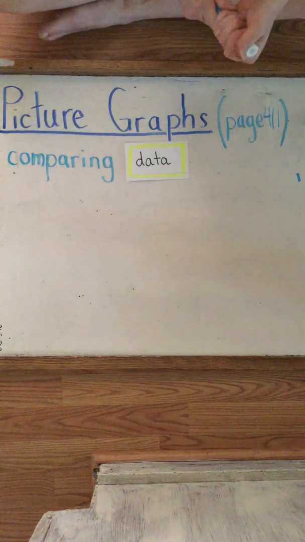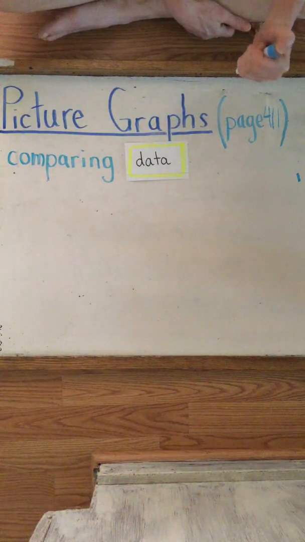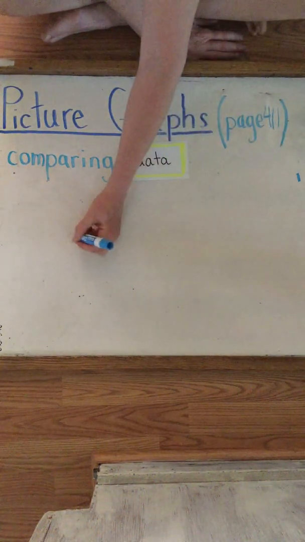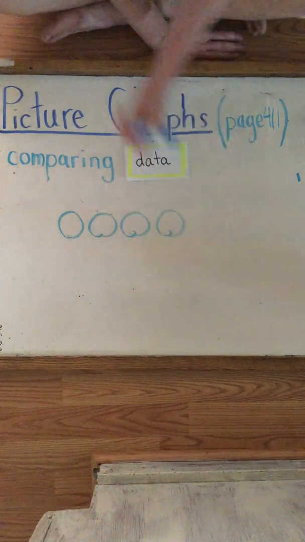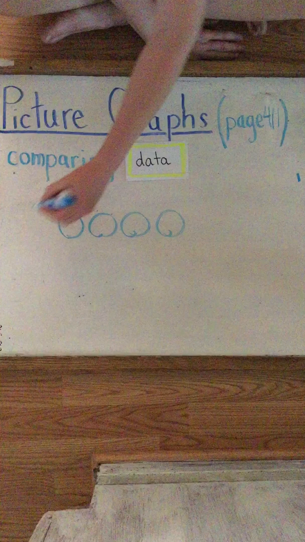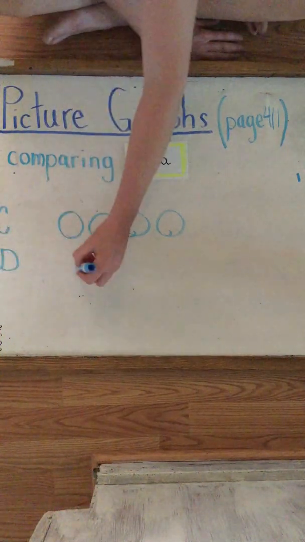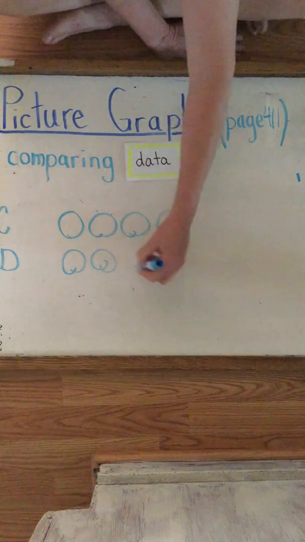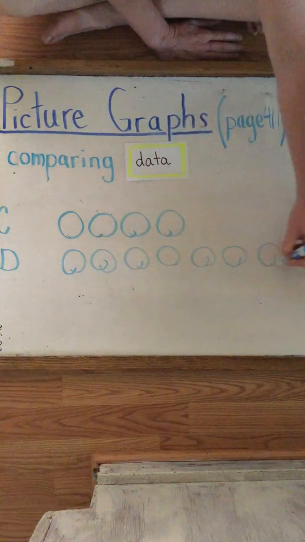Great. Well, if you look, it looks like in the cat category, there are 4 smiley faces. 1, 2, 3, 4. And I'll put a C for cat, and it looks like in the dog category, there are 7. 1, 2, 3, 4, 5, 6, 7.